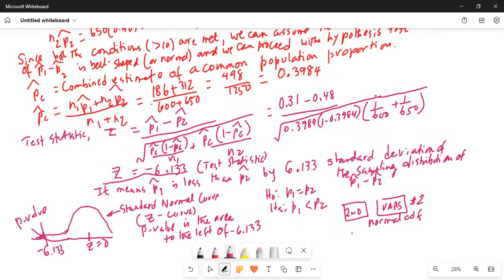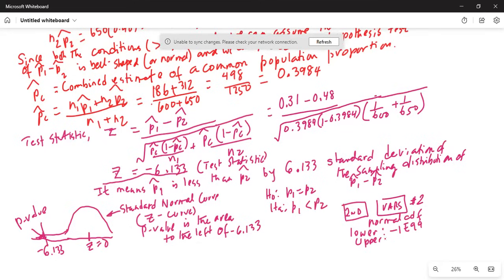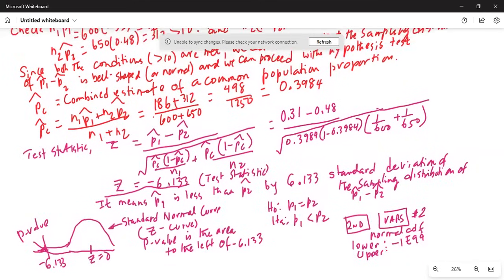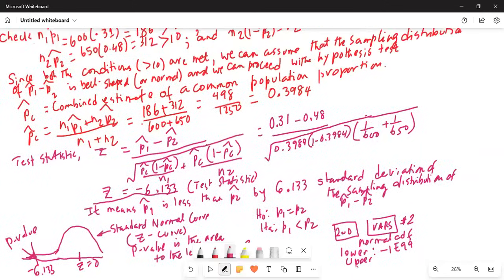My lower bound is usually in the calculator minus 1E99. That means a very large negative number on the left. I'm starting from negative infinity, a very large negative value on the left-hand side.